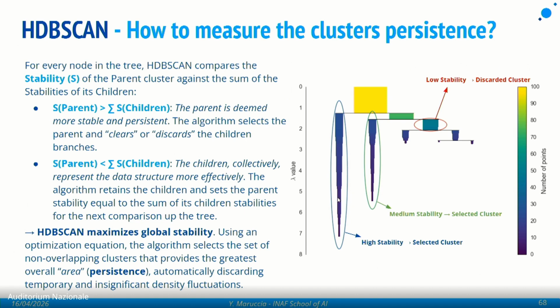This one has a medium stability, these are the selected clusters, while this cluster is a discarded one because it has low stability, because the area is not so high compared to the other areas. Okay.